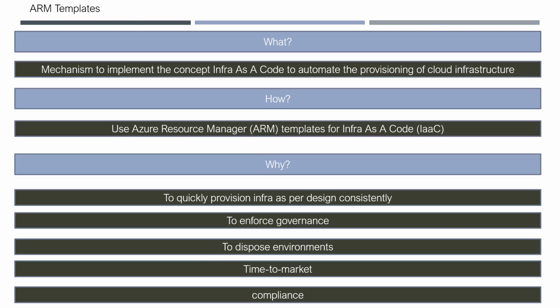But how do we do it? We use the templates, which you call Azure Resource Manager templates. Of course, you also need to know why. The first thing is consistent design. In the demo classes we talked about how one of the reasons people are running behind DevOps is infrastructure inconsistency.